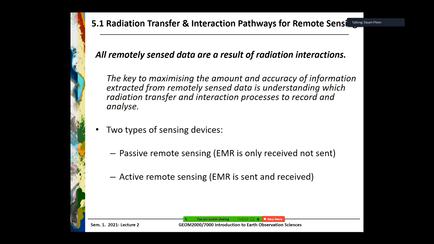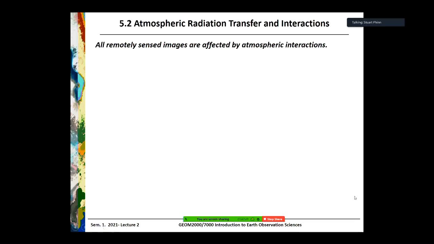LiDAR, which is light detection and ranging. Sonar, which is a sound detection and ranging system. They're active systems. It's a little bit like a flash camera. Sends out a pulse of light and then it comes back. So active systems have their own sources of energy and work at different wavelengths as well. And we'll come back to those over the next couple of weeks.